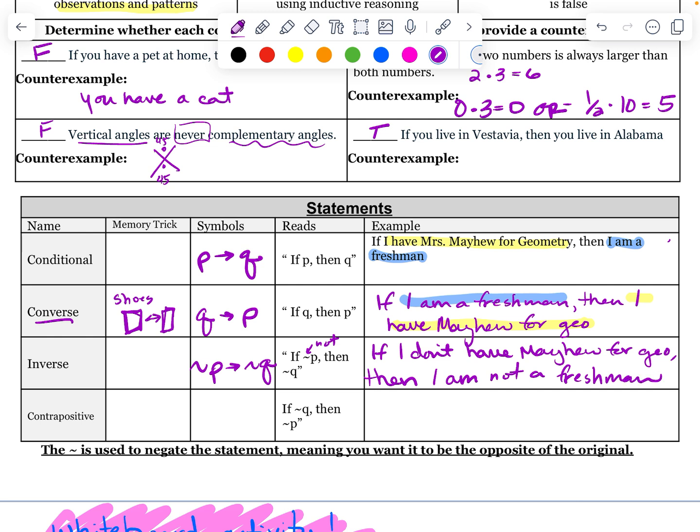That is not necessarily true. Okay, so here's the Miss Mayhew for geometry piece here. Here's the Miss Mayhew for geometry piece. That was my original. And then here's the I am not a freshman piece. Same order as the conditional, but just flipped. This one, I flipped my hands upside down to make sure that you know it's the not.